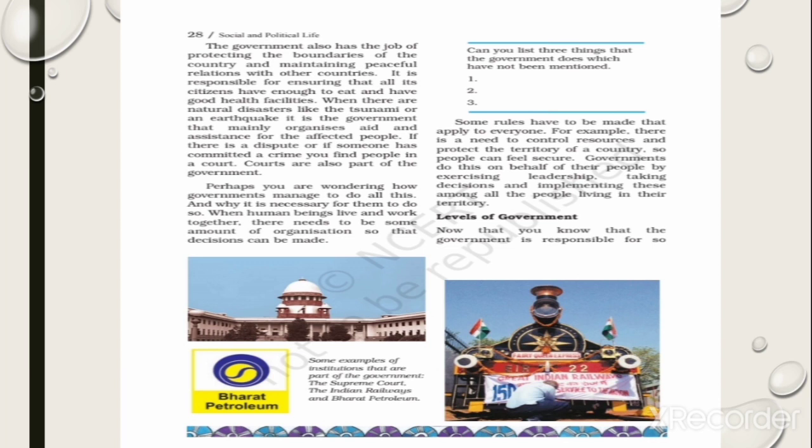Now, the next is levels of government. So, till now, through the definitions and a few examples, we got an idea of how the government is responsible for managing and doing different things. But still, there comes a question: how does it manage to do all this?